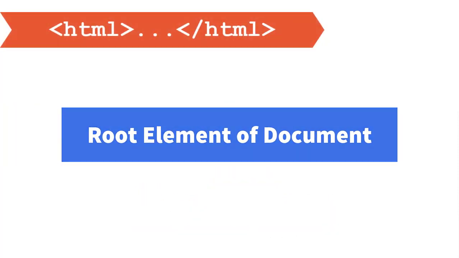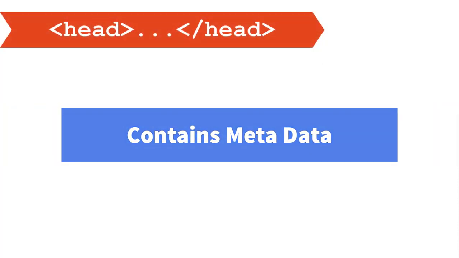Then we have the HTML tag. This is the root element of an HTML page, right? Everything is enclosed in this HTML tag. We have a head tag inside the HTML tag. The role of the head tag is to contain meta information. Meta means information about the data.